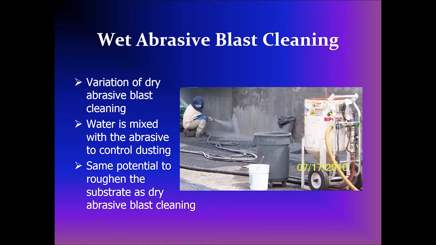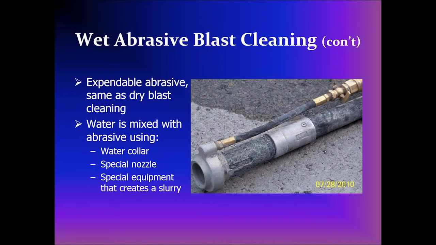Wet abrasive blast cleaning. This is a variation of dry blasting in that you mix water with the abrasive to keep the dust down. You still have the same potential though for roughening of the surface. Expendable abrasive is used, it's not recycled, and you either have a water collar, which is what you see here.